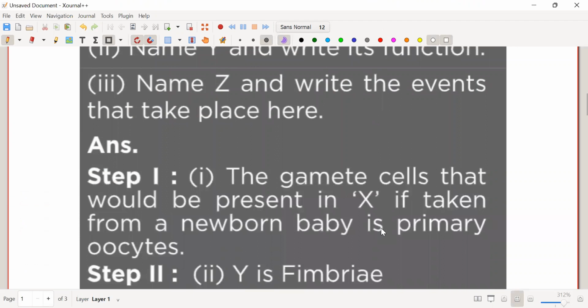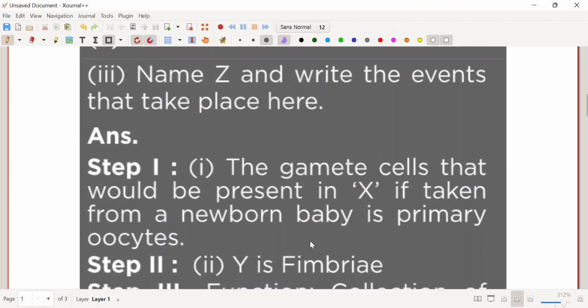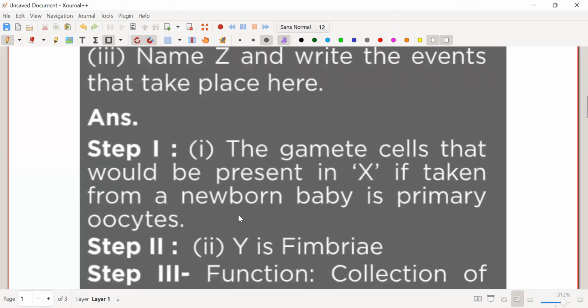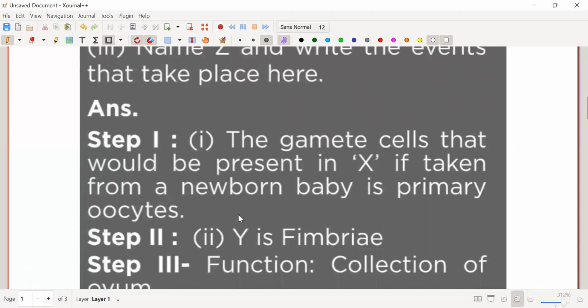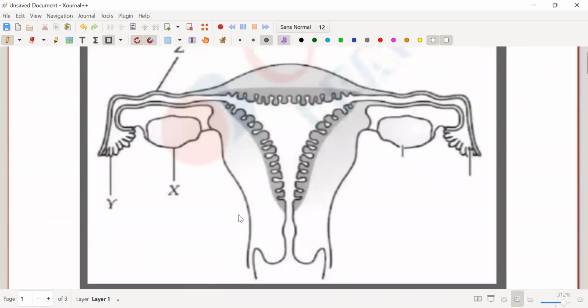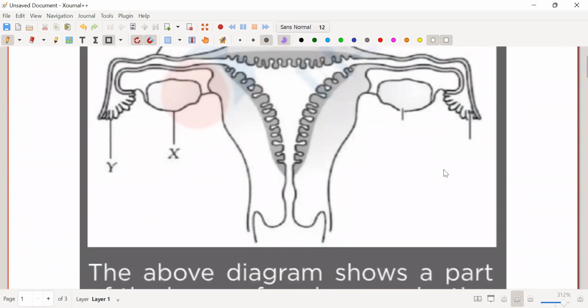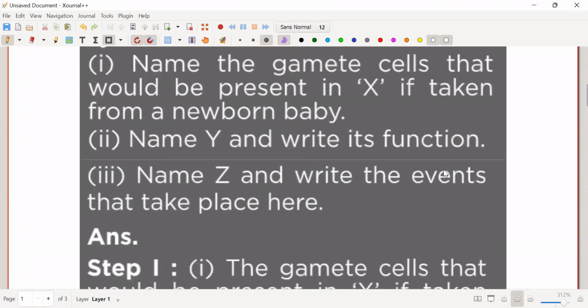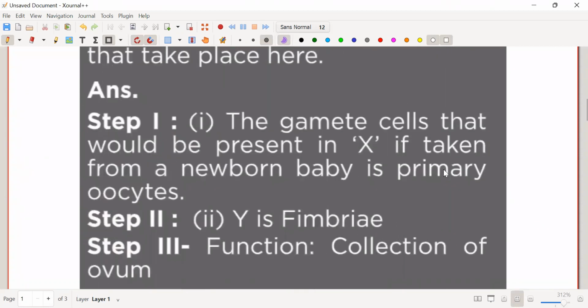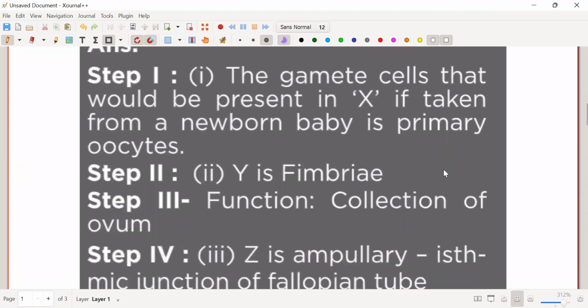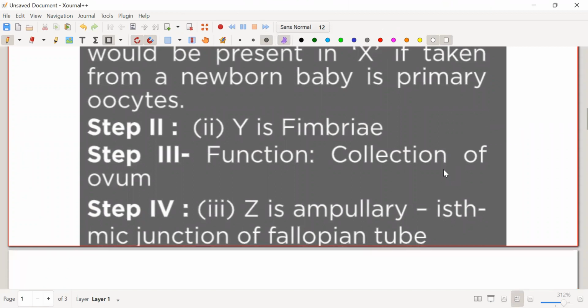The answer would be: the gamete cell that would be present in X if taken from a newborn baby is oocytes. The second one is fimbrium, which collects the egg from the ovary.